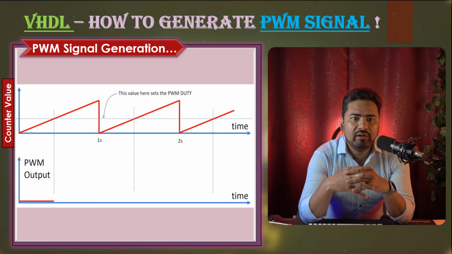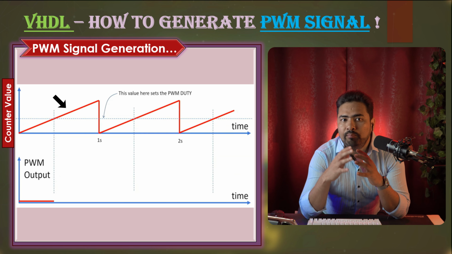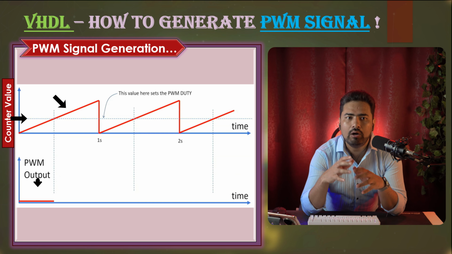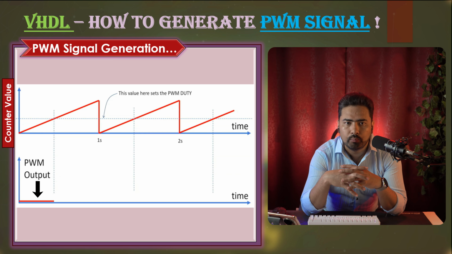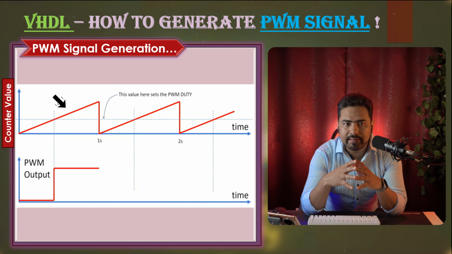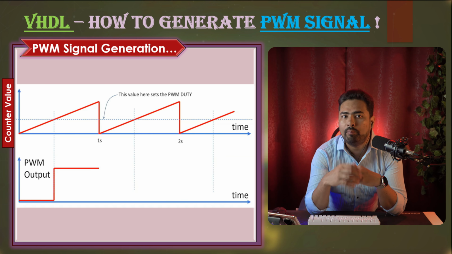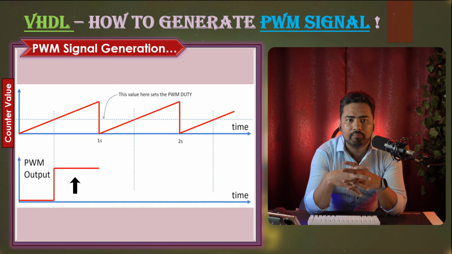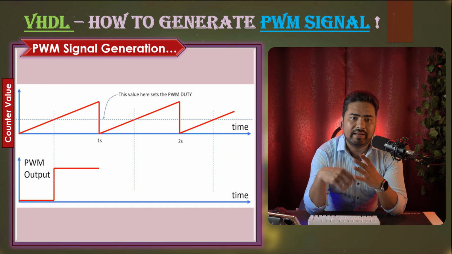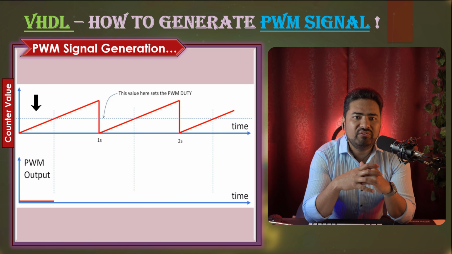For example, if the value of our counter is below this line, then we will set our PWM output to 0. And when our counter is above this line, then our PWM output will be set to 1. So let's see this in the graph. Look at this region first.